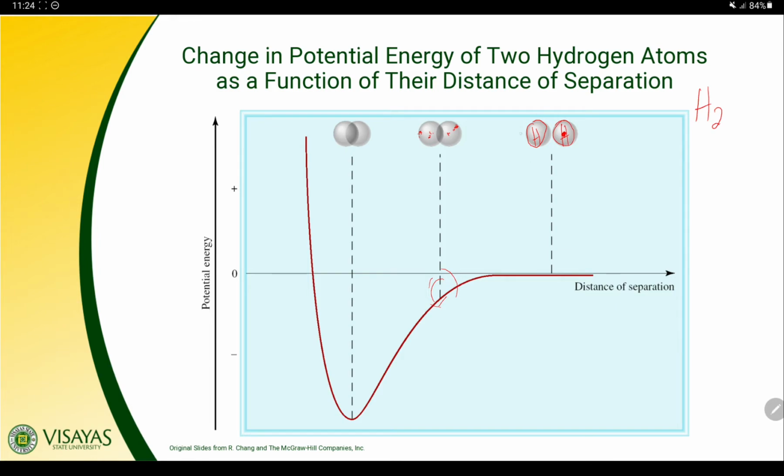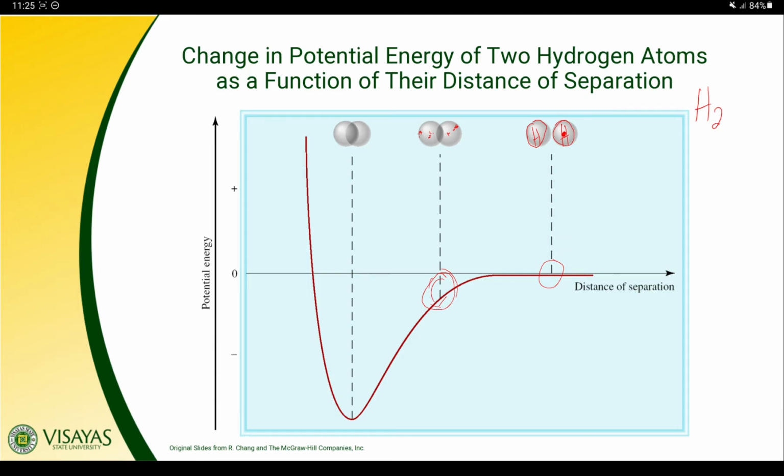By the way, before they come closer, our energy here is zero because there is no interaction, no attraction, no repulsion. Now, as the two atoms come close, attraction from the electron of one atom to the nucleus of the other atom prevails over the repulsion.